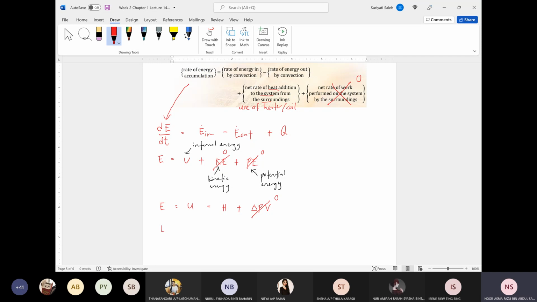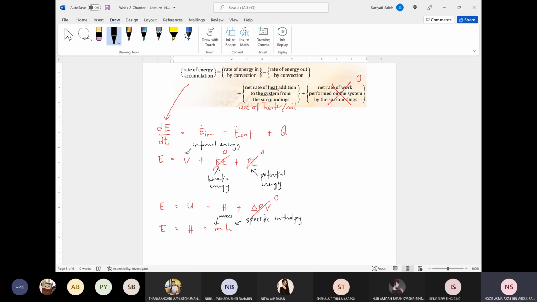So in here, the enthalpy can be expanded into M multiplied with h, where the M here stands for the mass and the h here is the specific enthalpy. It's different.